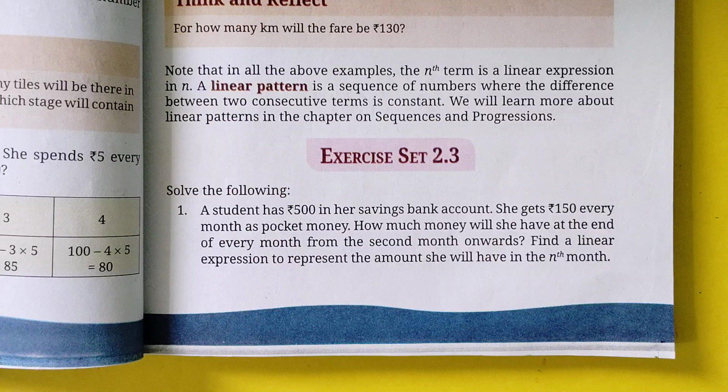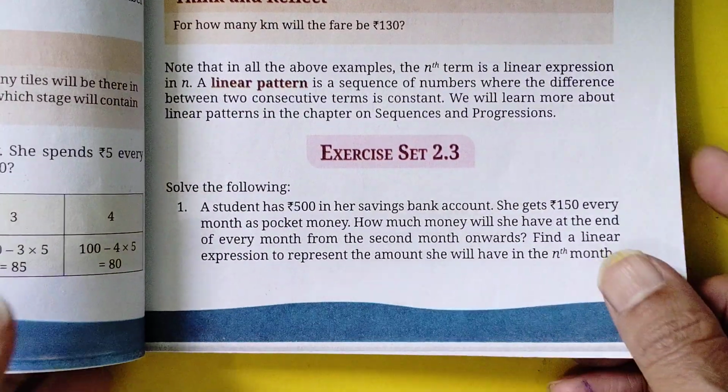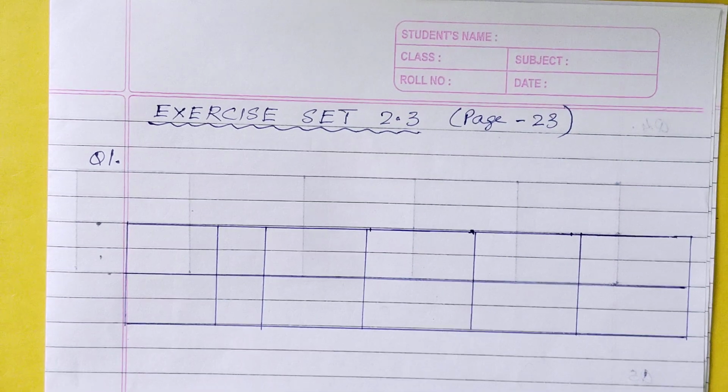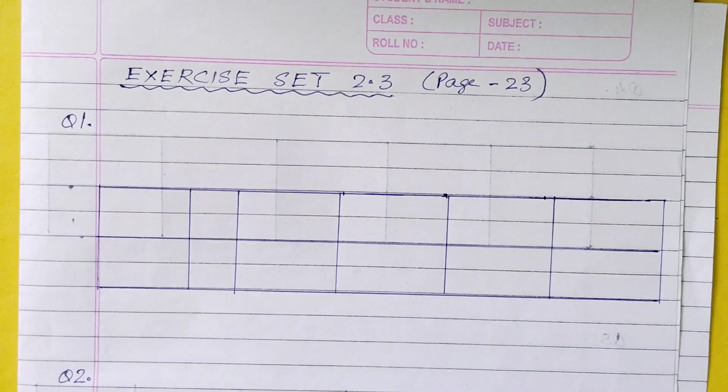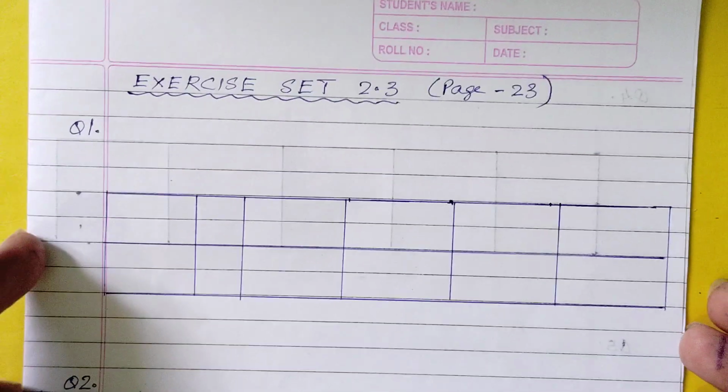So now we want to find a linear expression to represent the amount she will have in the nth month. Let us solve question 1.